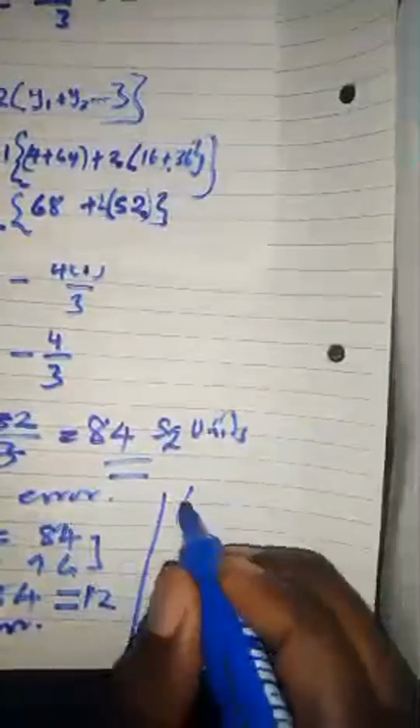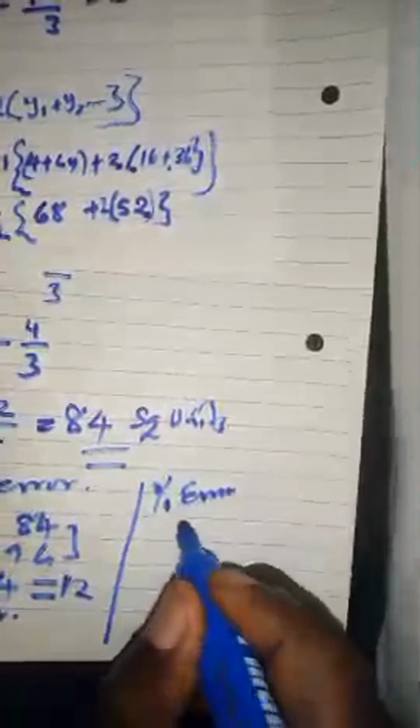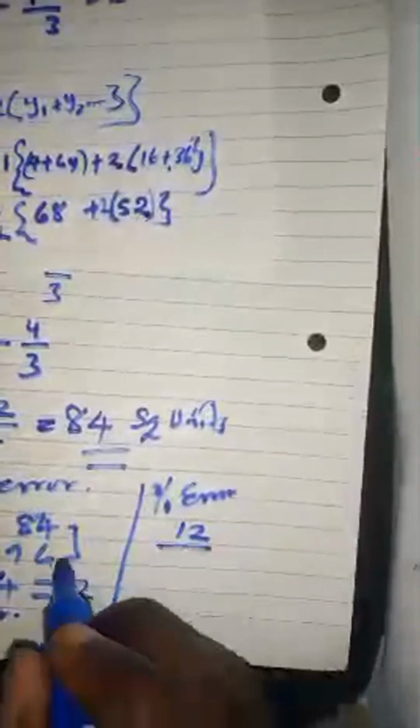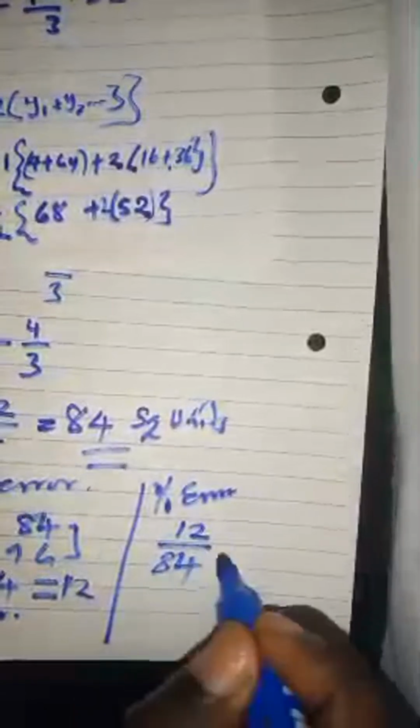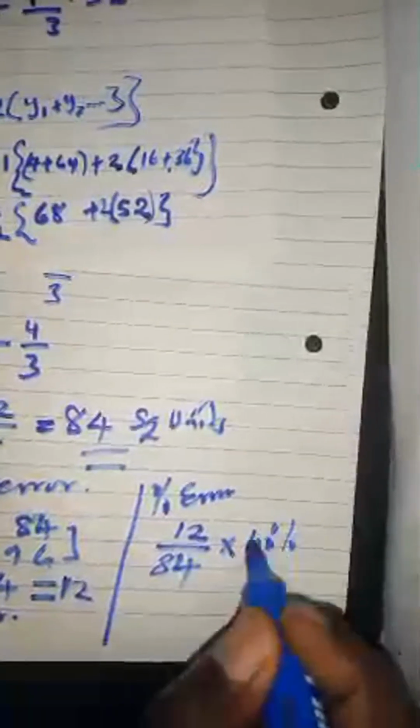So the percentage error now, I'm going to take that 12 over the actual, then you multiply by 100%.